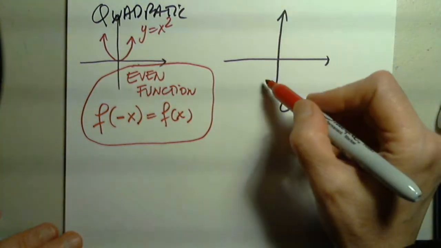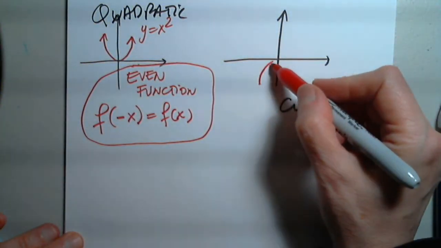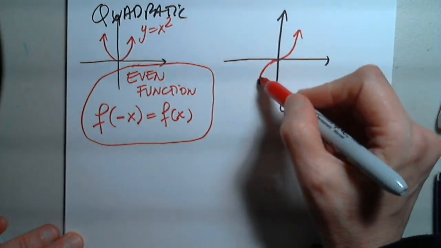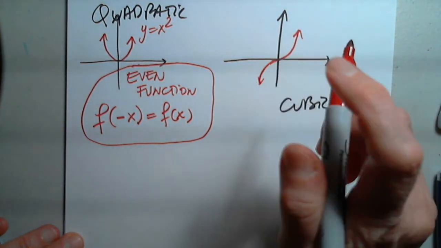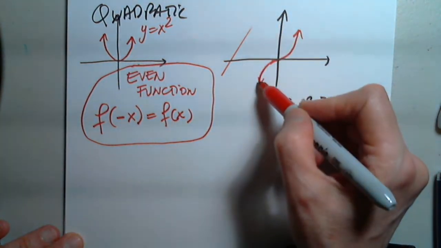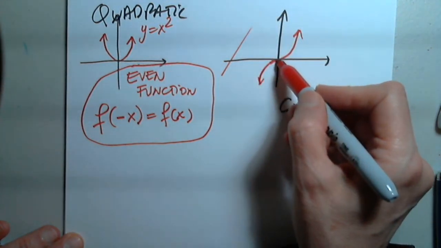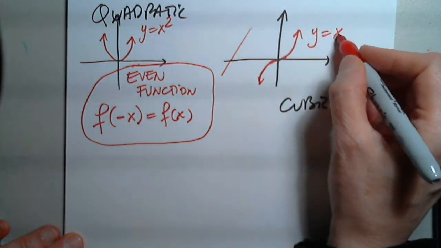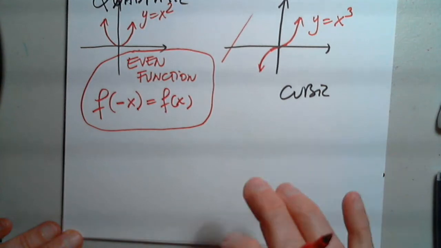Okay, a cubic function is a very interesting function. It looks like this. Notice that it's not a straight cross. It's a slow cross, flat, and then up. So y equals x cubed. And this is the cubic function.